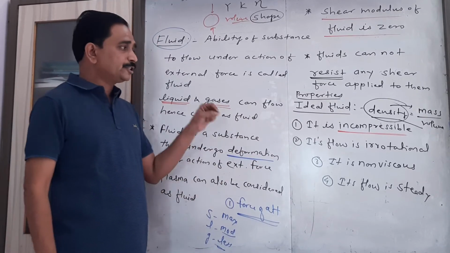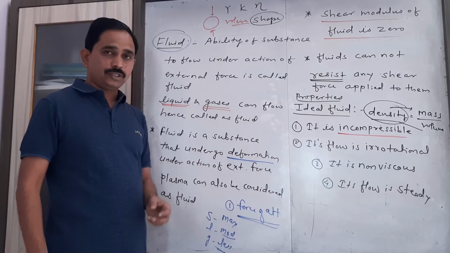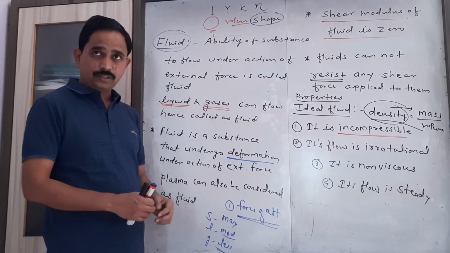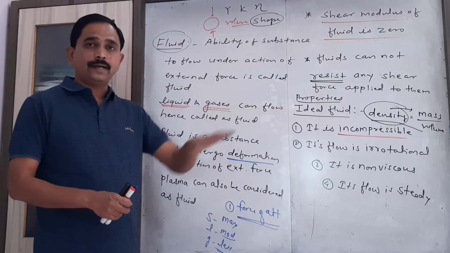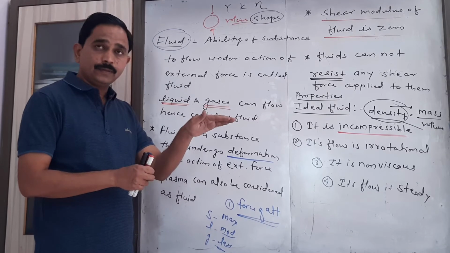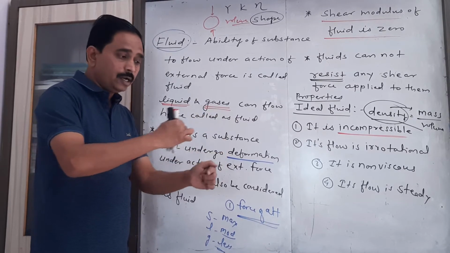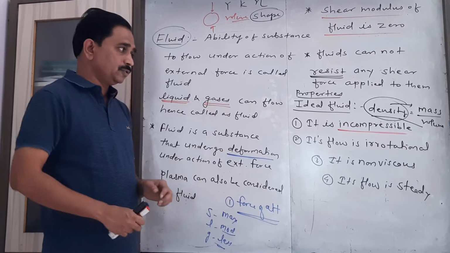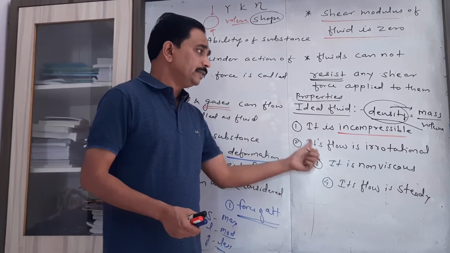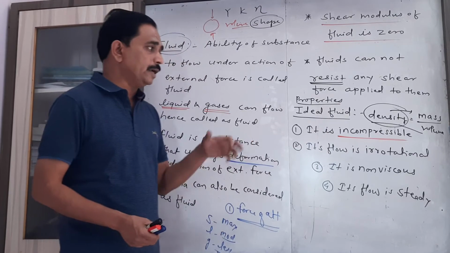Second one, its flow is irrotational. In the first chapter we already studied what we mean by rotational motion. During the flow of that fluid, if it doesn't produce any type of rotational motion, that type of flow is called irrotational.